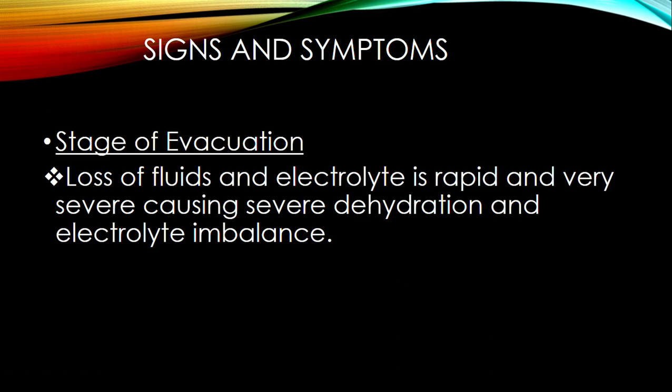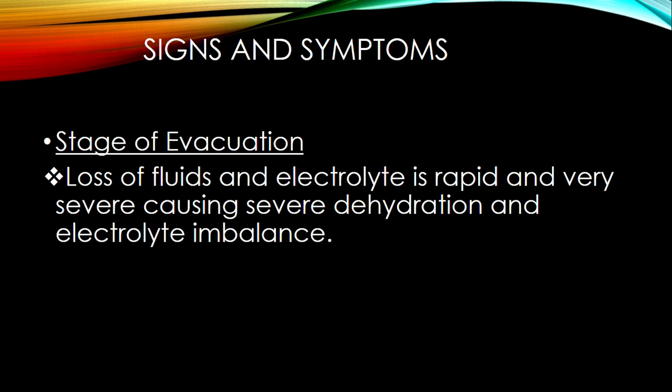So as we saw from the pathophysiology, because the enterotoxin has altered the normal function of the enzyme which regulates the movement of water and salts in and out of the cell, it's not actually working properly.